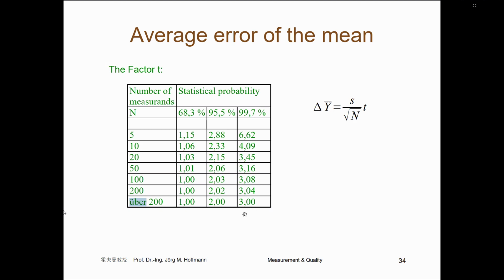And of course, when you want a very high probability, a very high security with 99.7%, and you have only 5 measurement values, then you have to calculate not with 3, you have to calculate with 6.62. You get then this probability, but you have a huge range where you are, because you have only 5 measurement values.